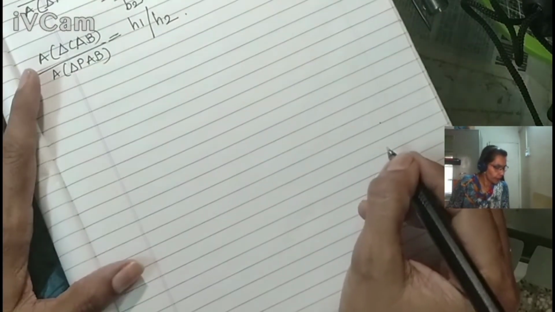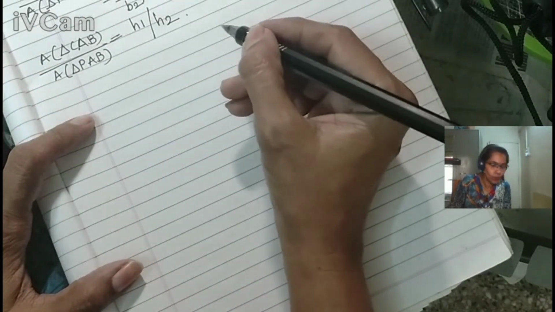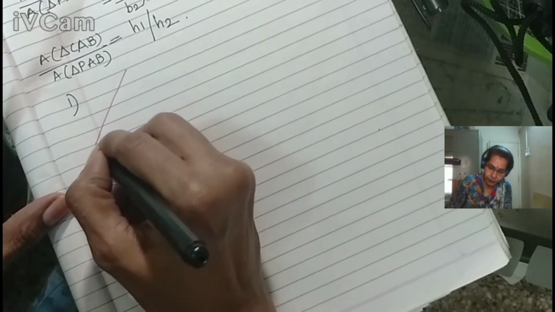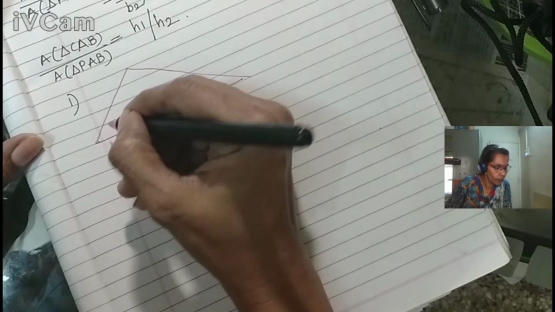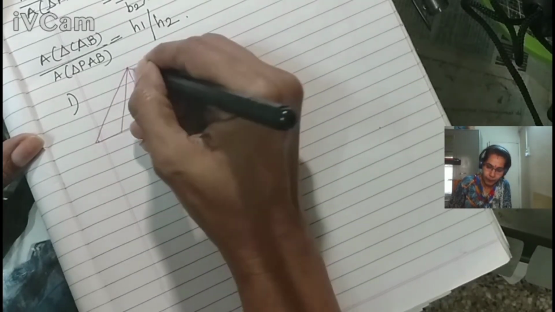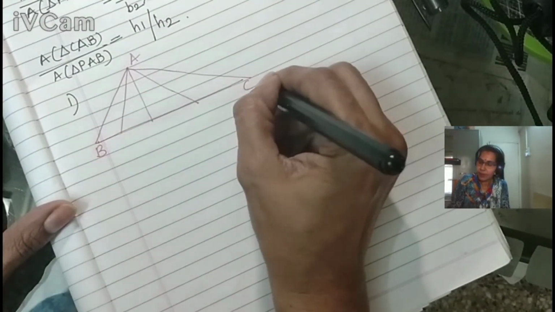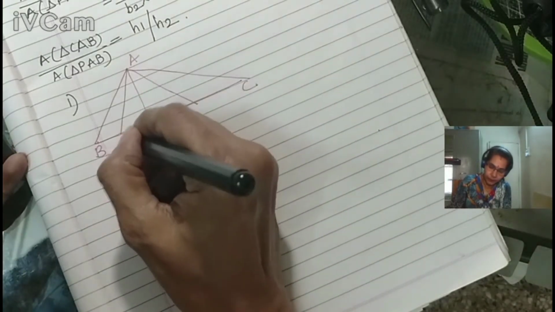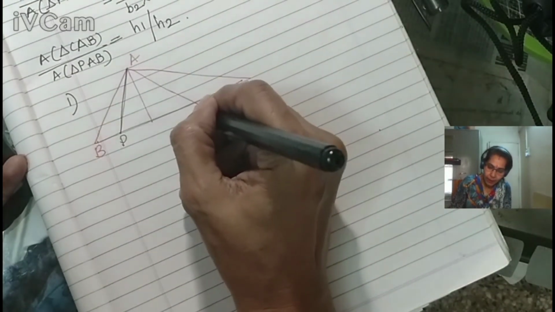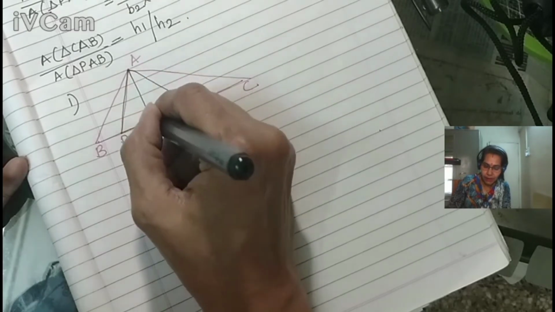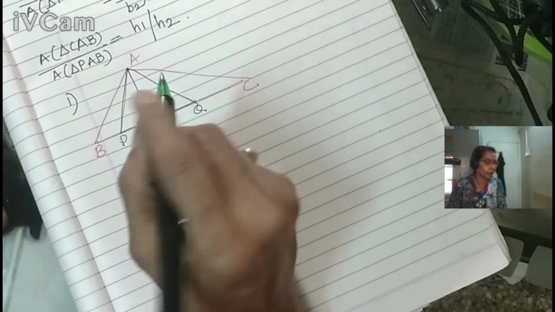Let's go to the activity part. They have given us one triangle, triangle ABC, and triangle APQ with the perpendicular bisector AR.